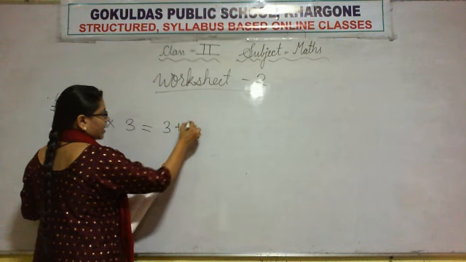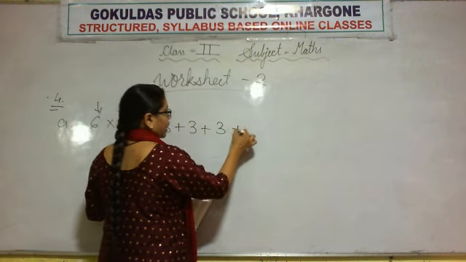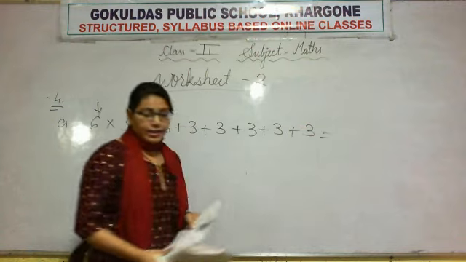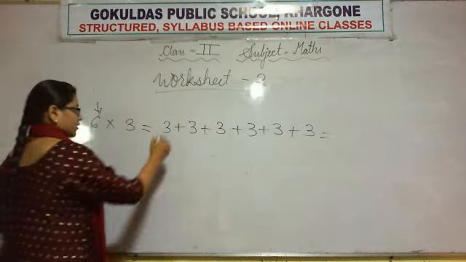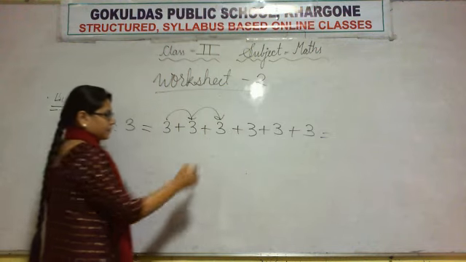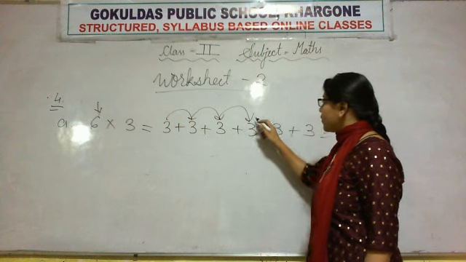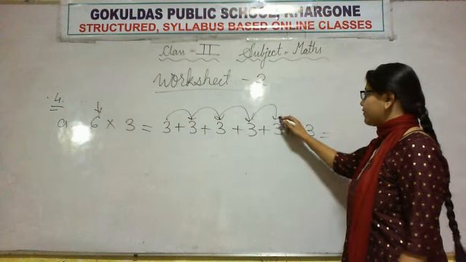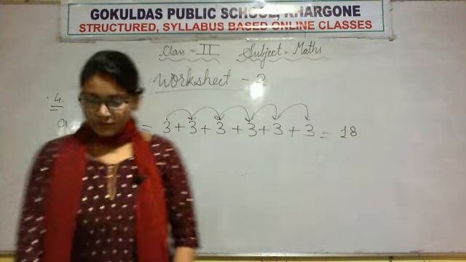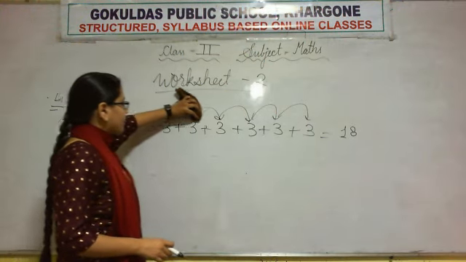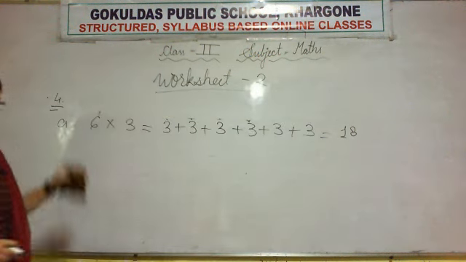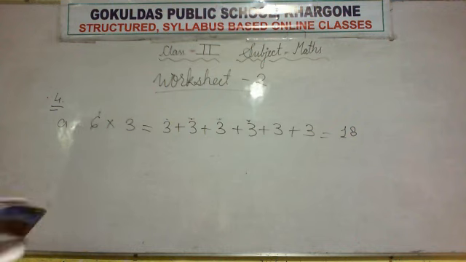For the first time, second time, third time, fourth time, fifth time, and for the sixth time. Now let's add them all. 3 plus 3 is 6, 6 plus 3 is 9, 9 plus 3 is 12, 12 plus 3 is 15, and 15 plus 3 is 18. So if we add 6 times number 3, we get the result 18.